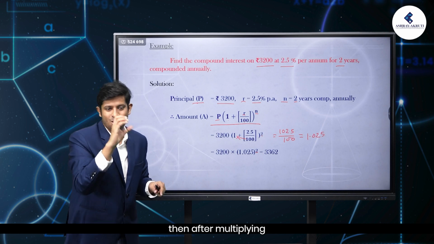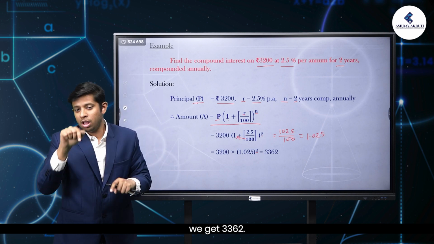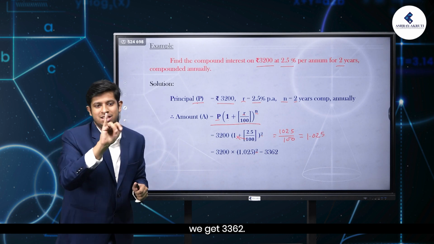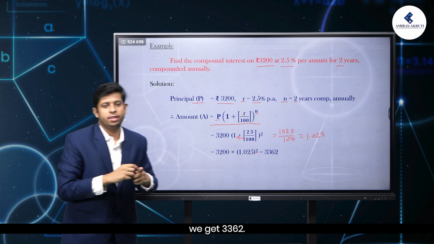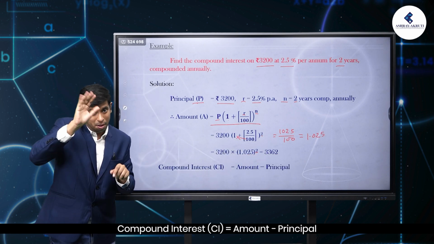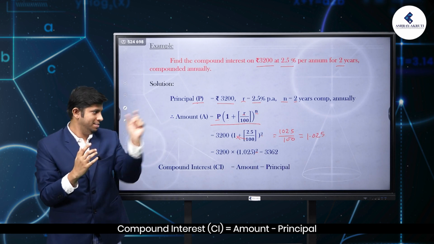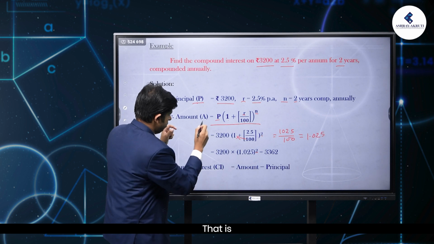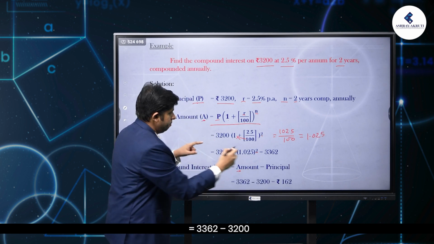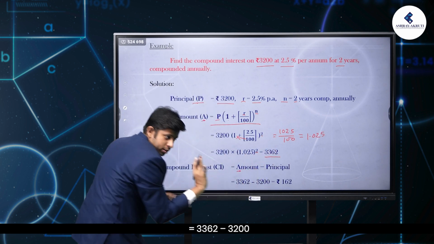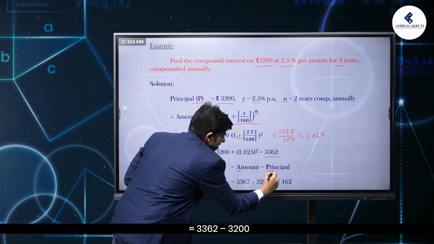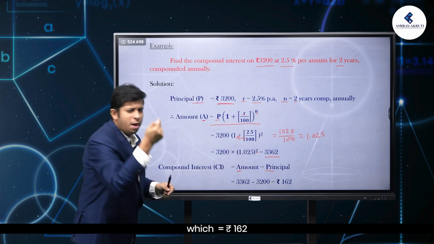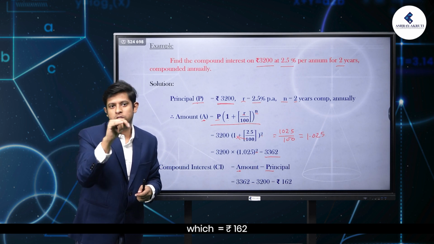Then after multiplying, we get 3362. Compound interest CI is equal to amount minus principal, that is 3362 minus 3200, which is equal to 162.